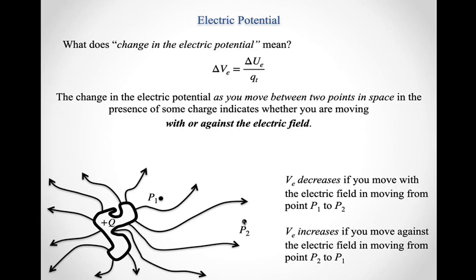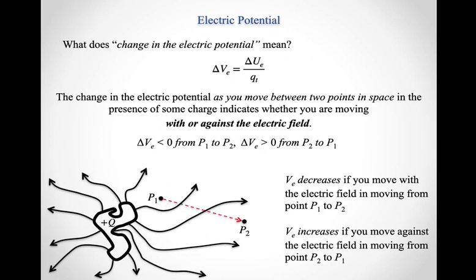On the other hand, the electric potential increases as we move against the electric field in moving from P2 back to P1. So how I'm moving with or against the electric field in general indicates whether or not the electric potential will be increasing or decreasing. Because in general I'm moving with the electric field going from P1 to P2, the electric potential decreases. Because in general I'm moving more against the electric field in going from P2 to P1, the electric potential increases.